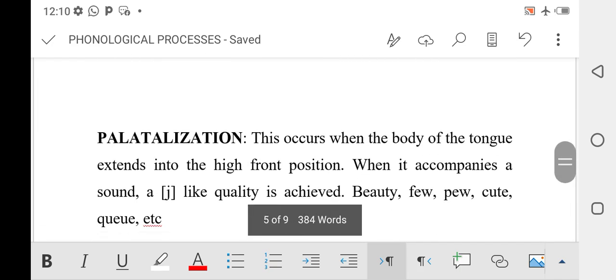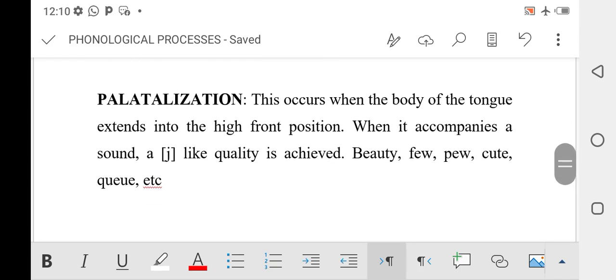So we look at palatalization. In palatalization, the body of the tongue extends into the high front position, that portion called the palate. So we have the soft palate, we have the hard palate.